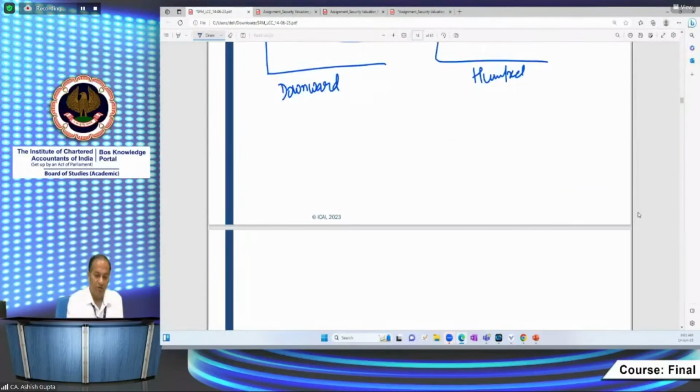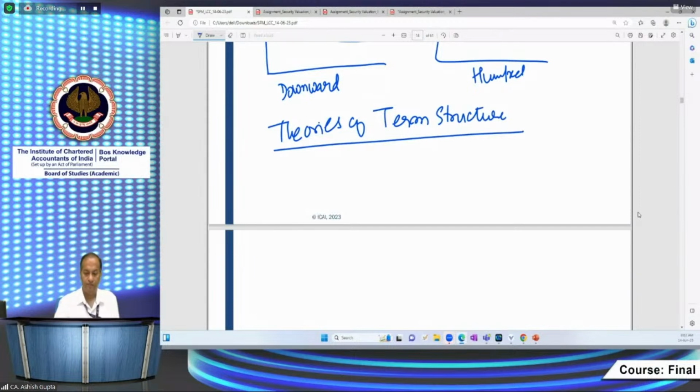Then there are theories of the term structure. The first theory is the pure expectation theory, the unbiased or pure expectation theory.